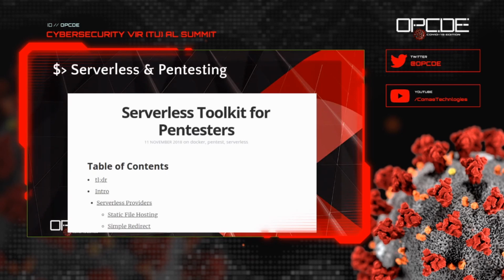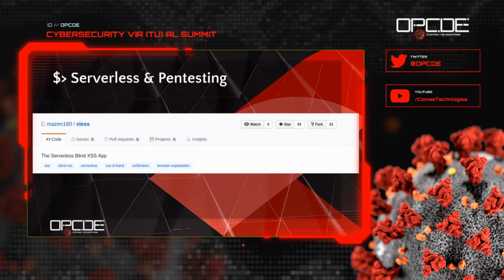That was in November 2018. And from there, I published a tool called Xless. It's the serverless blind XSS app. This tool can be used in order to build a quick serverless application, a quick blind XSS application that can be triggered when exploiting blind XSS vulnerabilities.